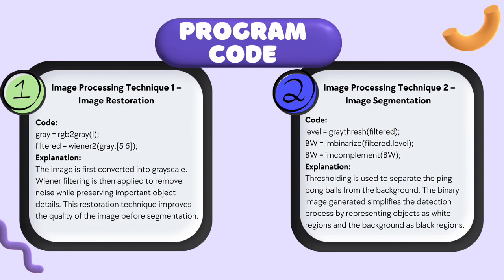We calculate an optimal global threshold using graythresh and convert the filtered image to binary with imbinarize. Finally, imcomplement is applied to invert the binary image so that our target ping-pong balls are represented as clean white regions against a black background, vastly simplifying the detection phase.